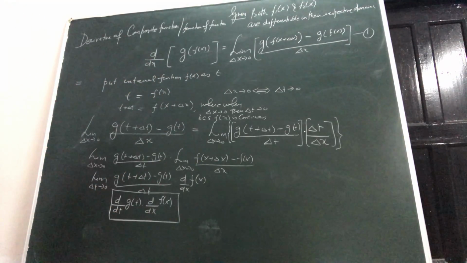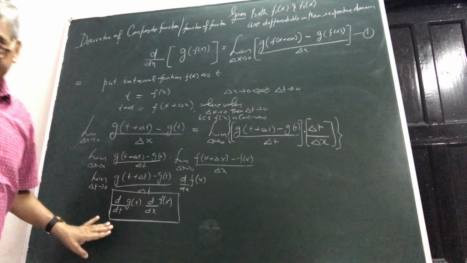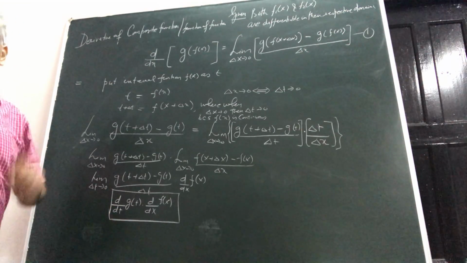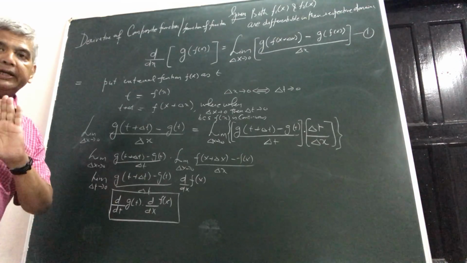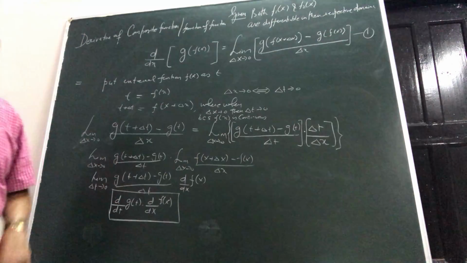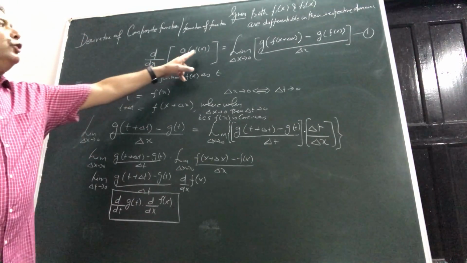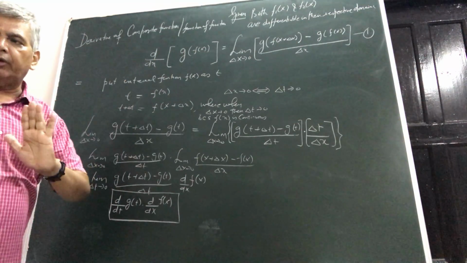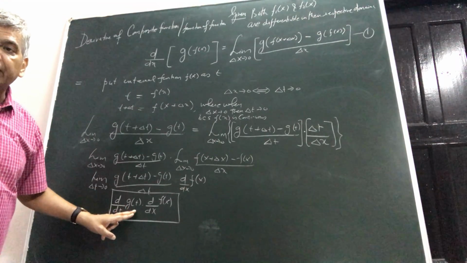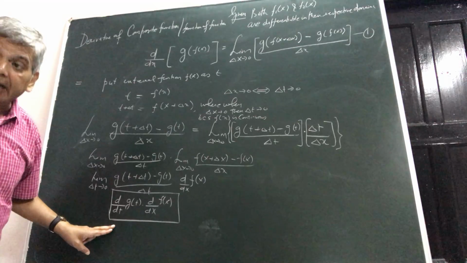This is the formula. And what this formula says, please see. Students, from this formula, let us understand it. First of all, you will put the internal function equal to t. And then you will differentiate the external function with respect to the internal function.